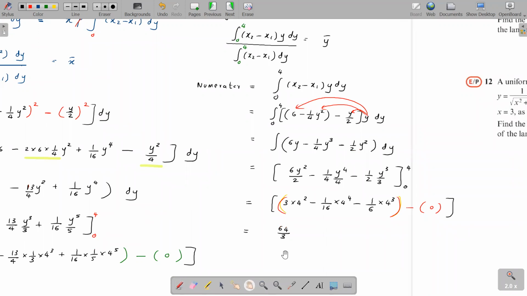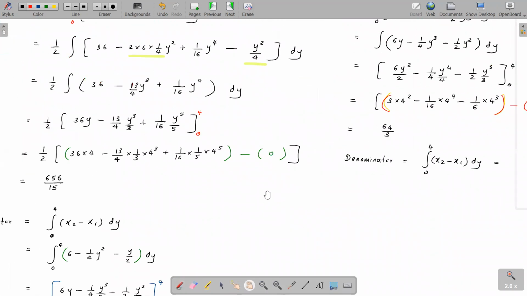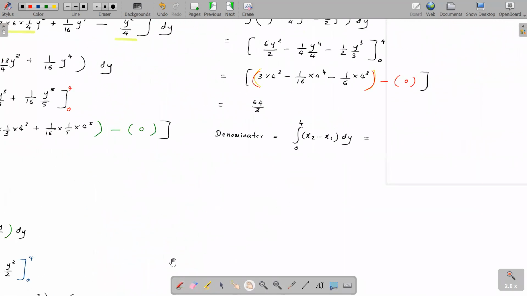All right. So the denominator, I don't need to find because I've already done it. The denominator is the integral of x2 minus x1 with respect to y from 0 to 4. We've already done it previously and that answer was 44 over 3.